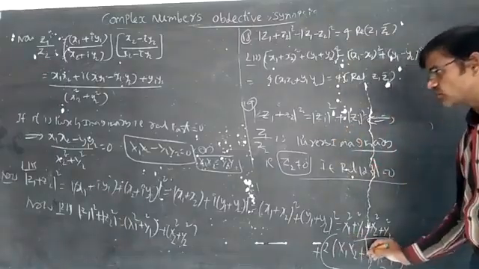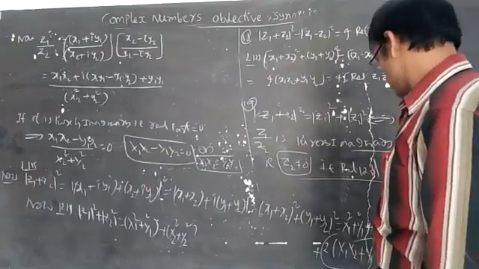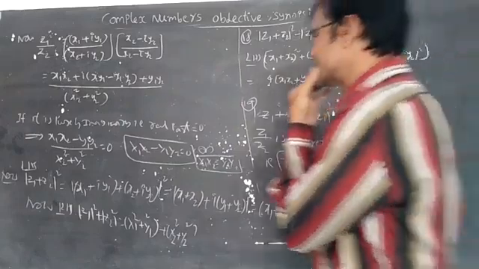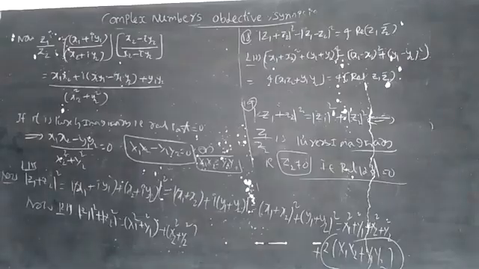So the term 2 into x1 x2 plus y1 y2 should become 0. Here z1 by z2, let us think about the formula. x1 x2 plus y1 y2 equal to 0 we should get, since z1 by z2 is purely imaginary.